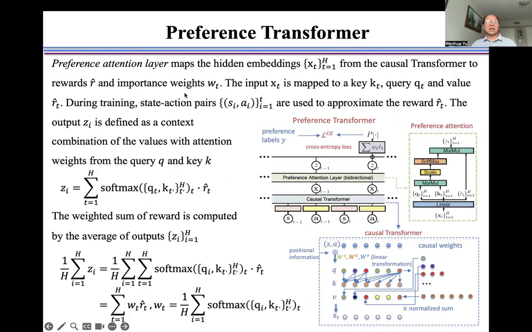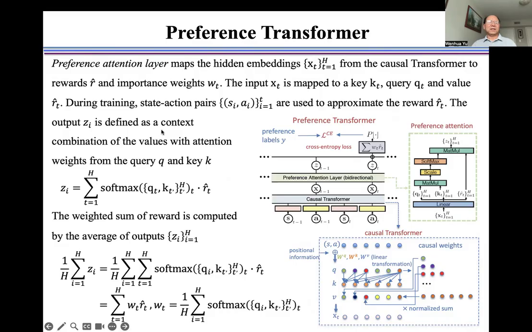Preference attention layer maps the hidden embeddings x_t from the causal transformer to rewards r_t-hat and importance weights w_t. The input x_t is mapped to a key k_t, query q_t, and the value r_t-hat. During training, state-action pairs are used to approximate the reward r_t-hat.